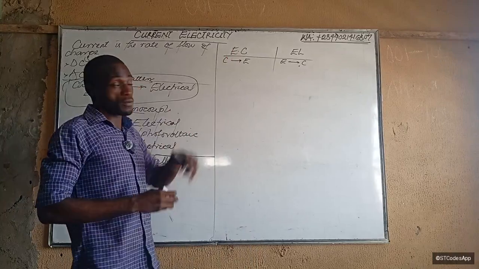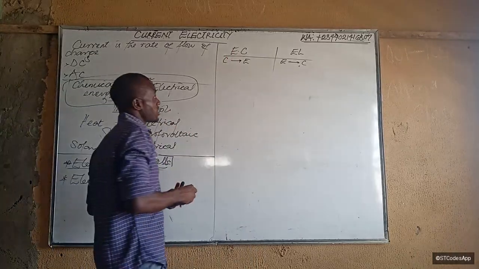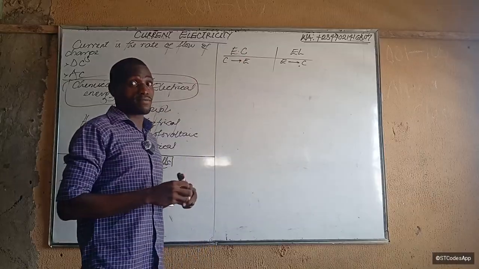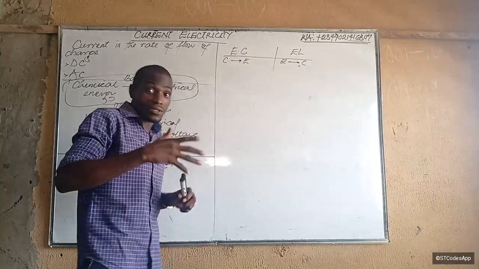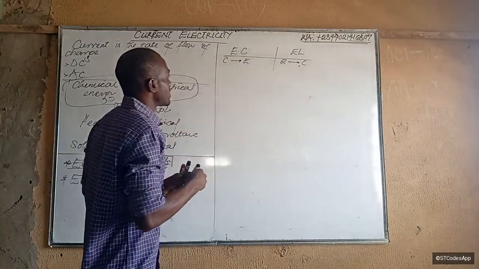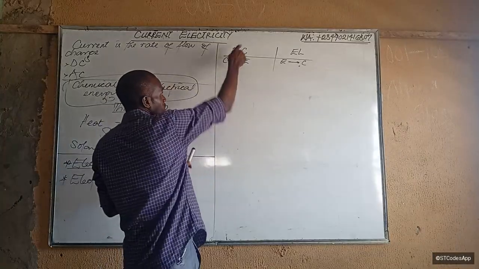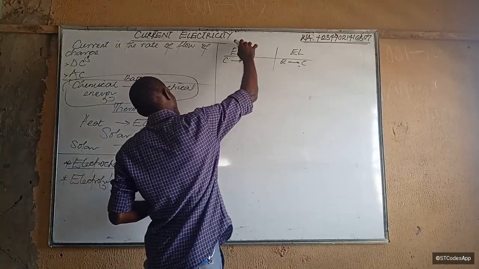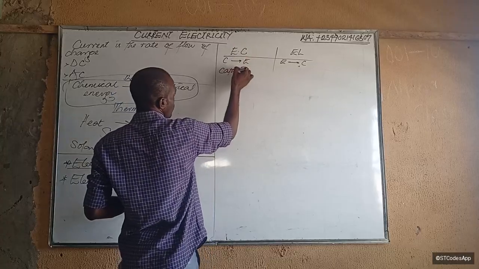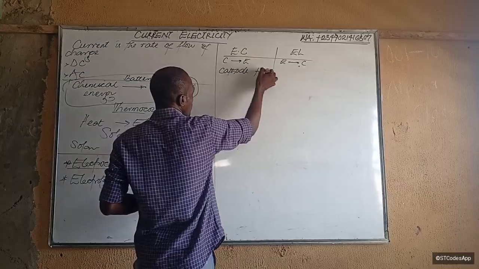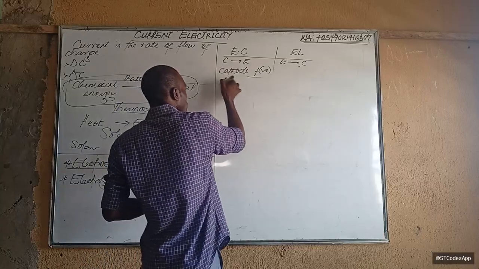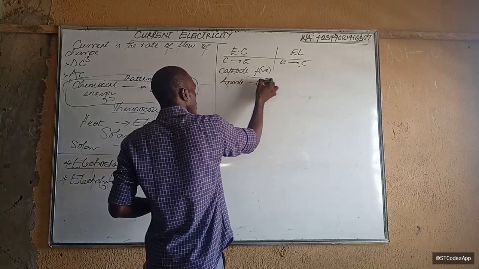Now, another thing that differentiates the electrochemical cell from the electrolytic cell is that both of them have two electrodes, the cathode and anode. In the electrochemical cell, the cathode is the positive electrode, while the anode is the negative electrode.